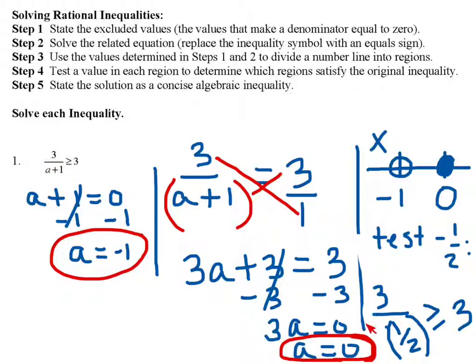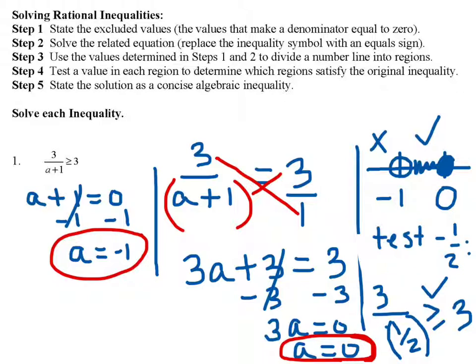So my resulting inequality as a result of plugging negative 1/2 in is 3 divided by 1/2. 3 divided by 1/2 is the same thing as 3 times 2, which is 6. And 6 is greater than or equal to 3. Therefore, since negative 1/2 worked, all of the small values in between negative 1 and 0 will work.